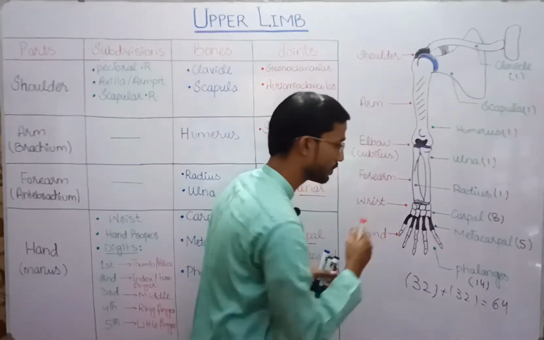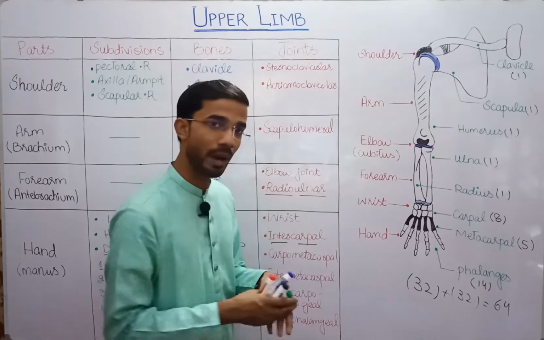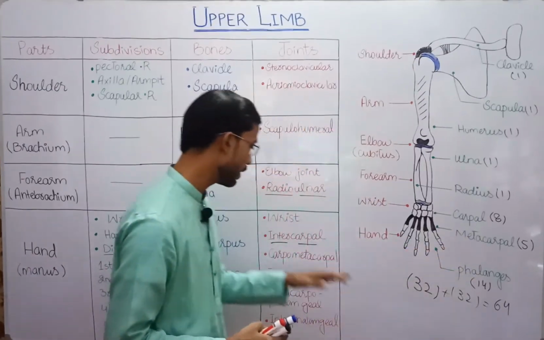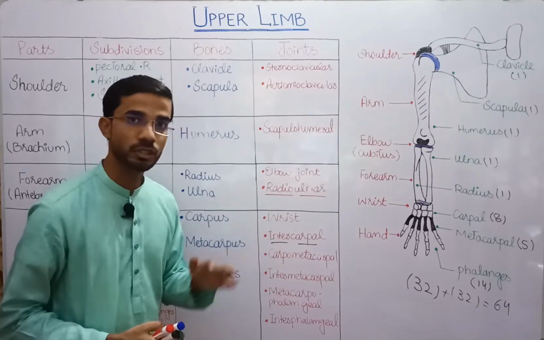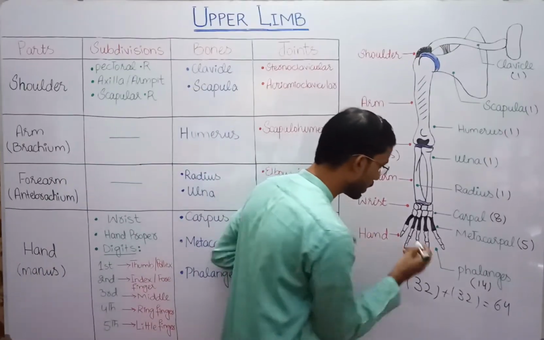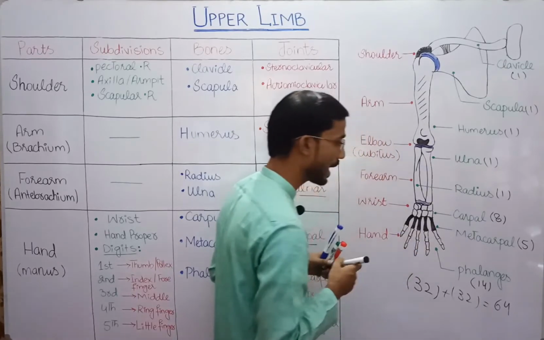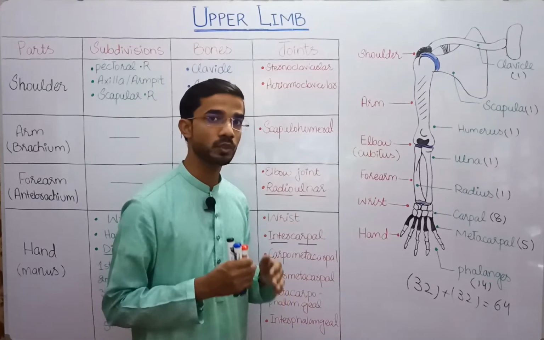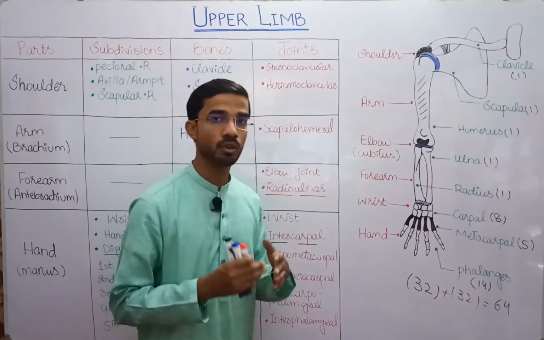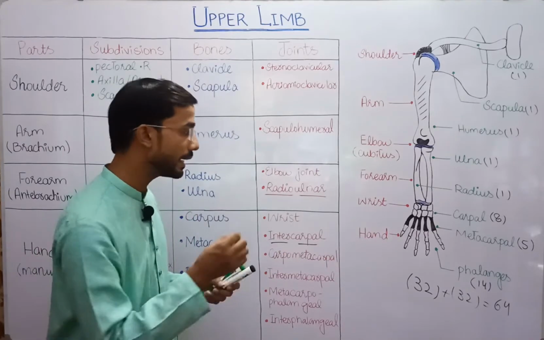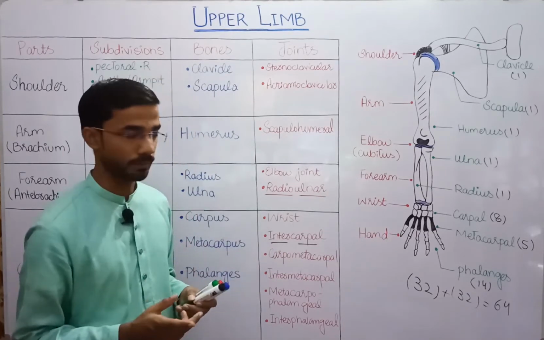Next, the phalanges, and the joint formed between the metacarpal bones and the phalanges is called the metacarpophalangeal joint. And last, the phalanges can also form joints between themselves. So the joint formed between the phalanges is called the interphalangeal joint.